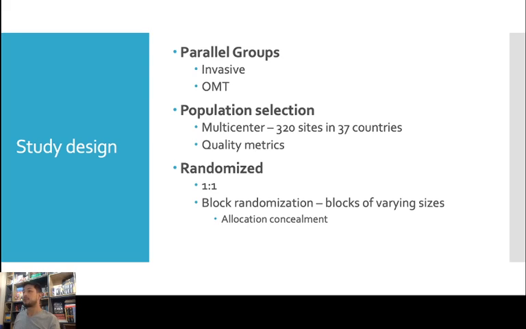The trial was randomized, so they used a block randomization model. The blocks varied in sizes, which allowed allocation concealment.